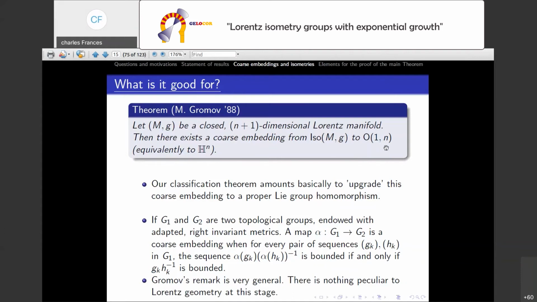And it holds actually for every rigid geometric structure with a suitable group here, instead of O(1,n). So the only particularity of Lorentzian geometry here is the group. It's that the group O(1,n) occurs and the real hyperbolic space here occurs.